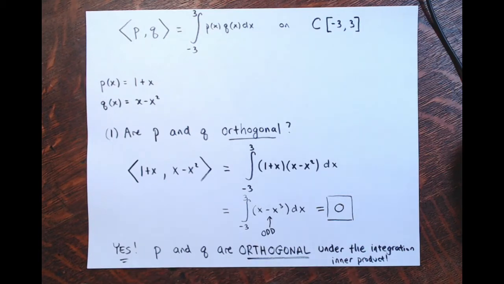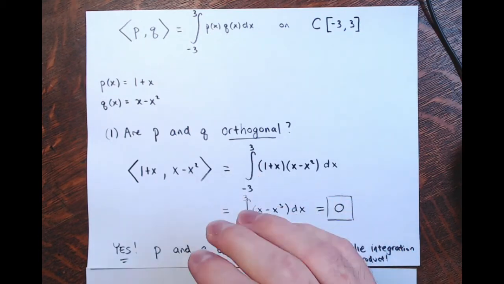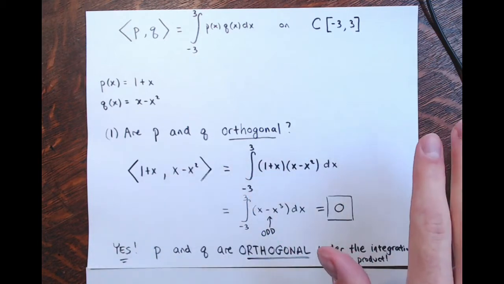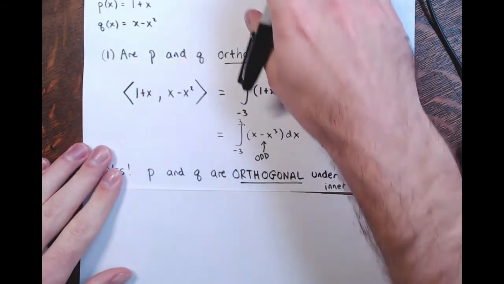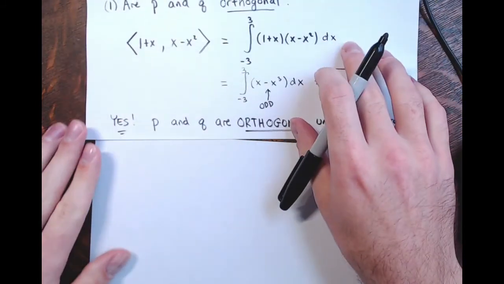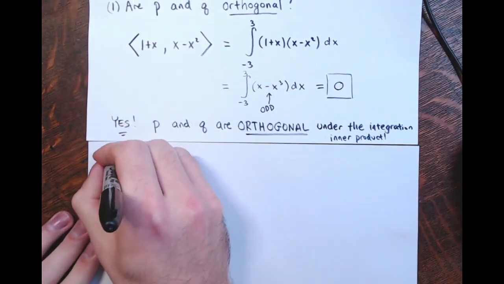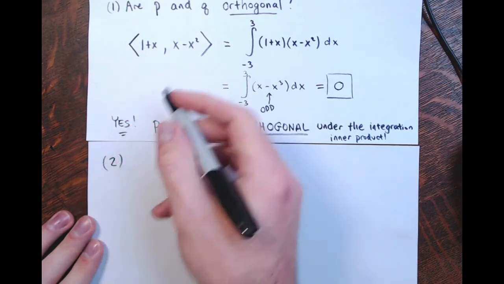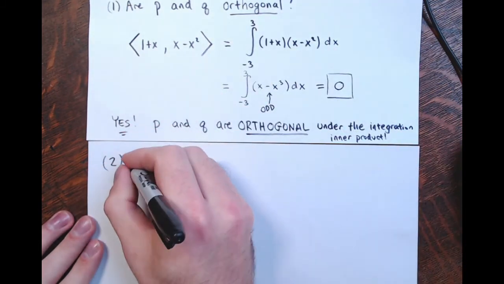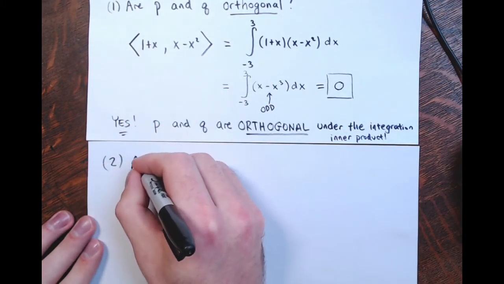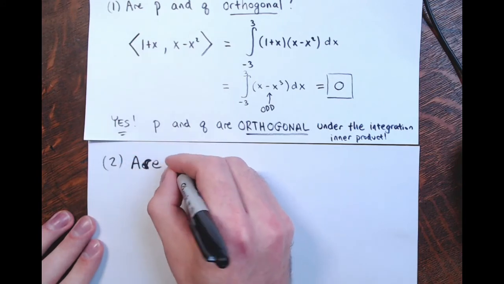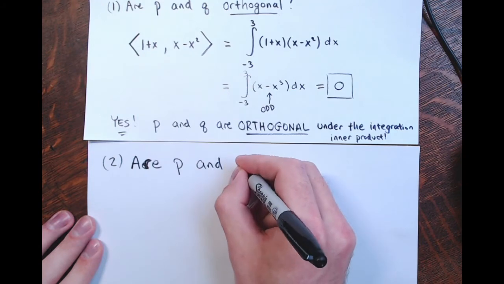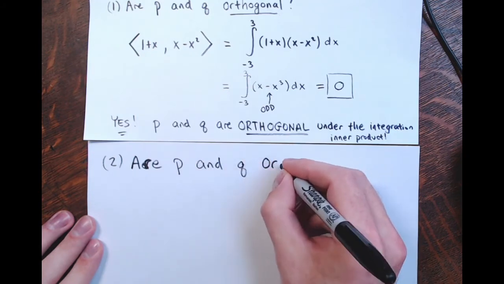So if the answer were no, I'd stop and not even check if they're orthonormal. But the answer was yes, so now the next question is, are P and Q orthonormal?